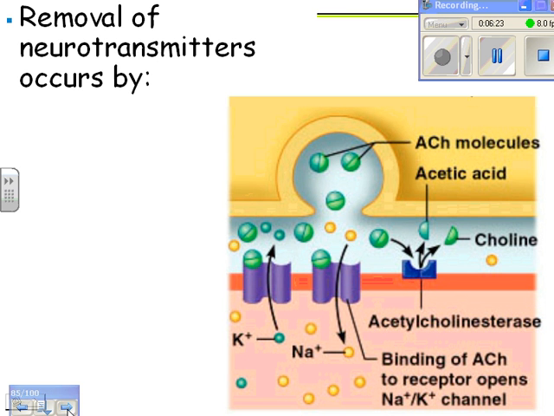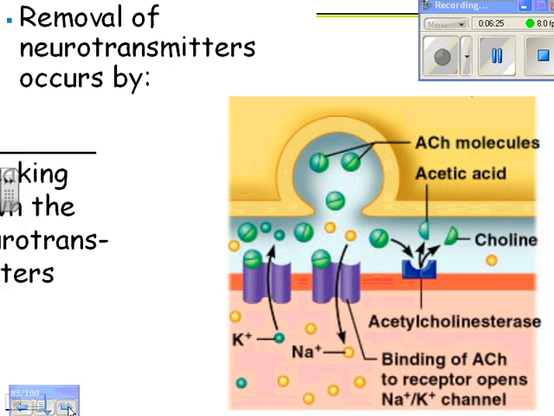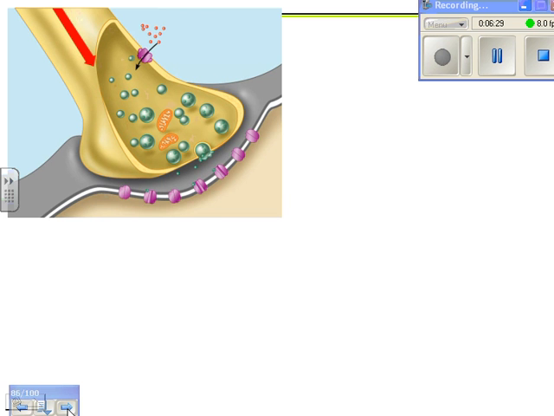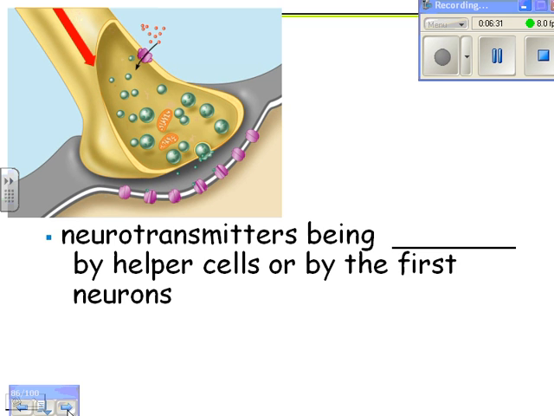So removal of a neurotransmitter occurs three ways. One is enzymes breaking down the neurotransmitters. Another is that the neurotransmitters can be taken back up again, so reabsorbed by helper cells or by the first neurons. So here's a neurotransmitter that got released, and they're going to bounce everywhere because it's diffusion, right? Brownian movement, they just bounce, bounce, bounce.